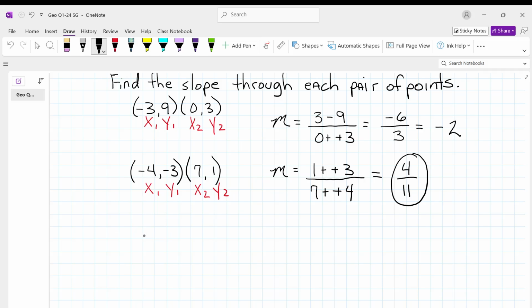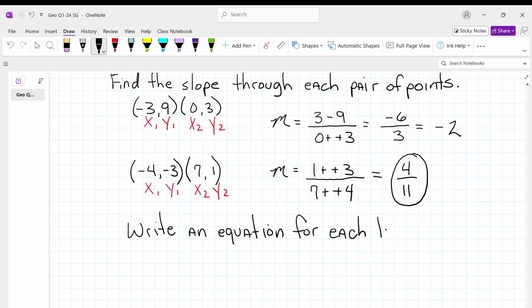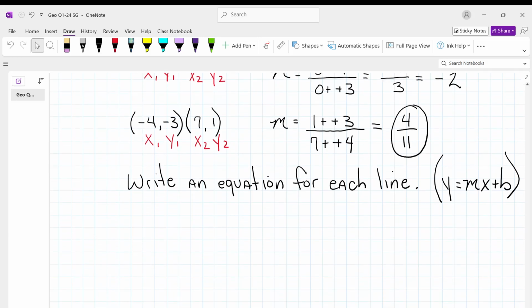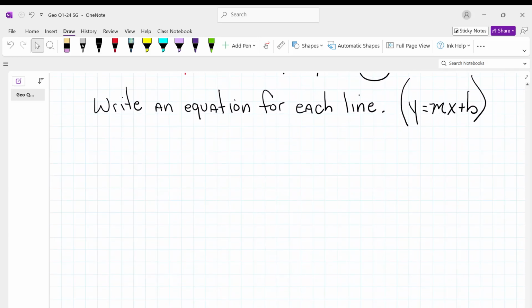Okay, in the second part of your assignment, you're going to be asked to write an equation for each line. And when we write the equation for each line, we want it in this form: y equals mx plus b, where m is the slope.